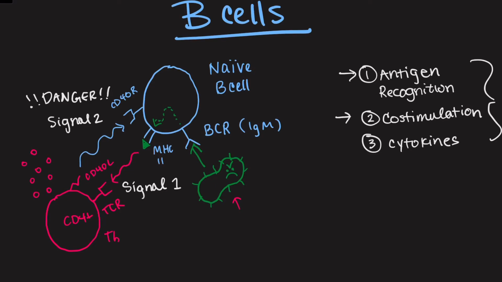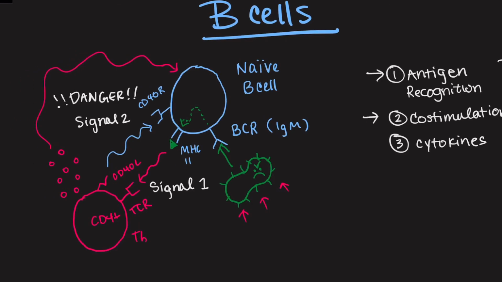It sees that we have this bacteria, right? So it knows it's a bacteria, and so it's going to produce specific cytokines that tell this B cell, hey, we're dealing with this specific bacteria, you need to do this specific thing.